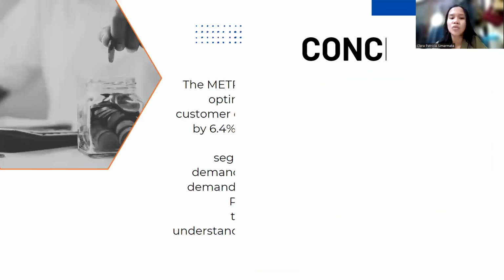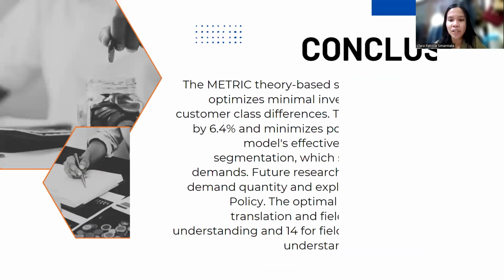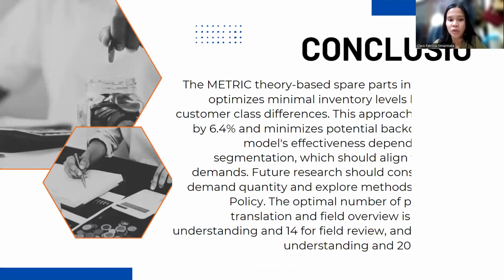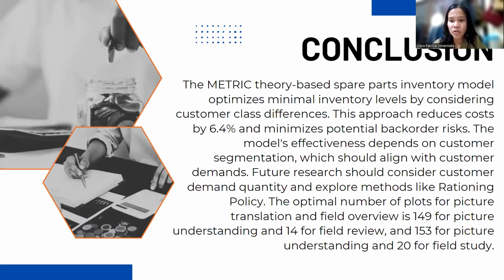And the conclusion: the METRIC theory-based spare parts inventory model optimizes minimal inventory levels by considering customer class differences. This approach reduces cost by 6.4% and minimizes potential back order risk. The model's effectiveness depends on customer segmentation, which should align with customer demand.